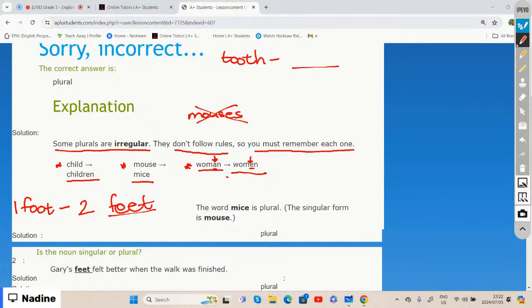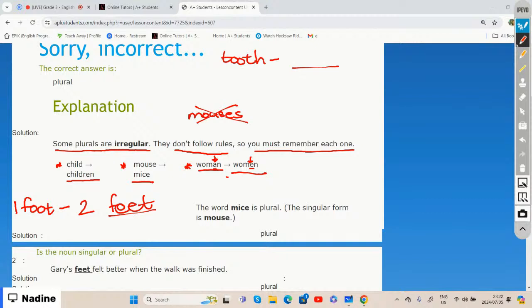The plural of tooth. Now we have one tooth, right? But I have still a mouthful of more than one in my mouth.